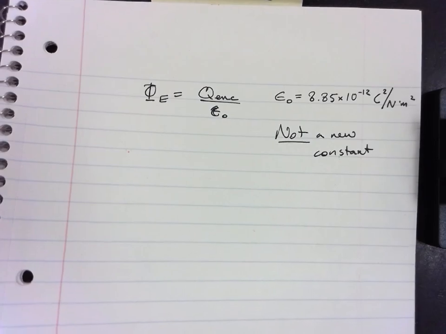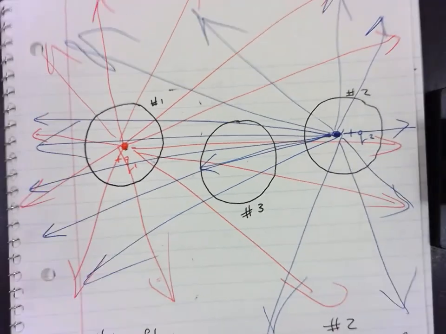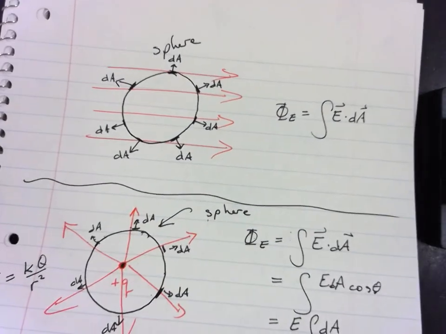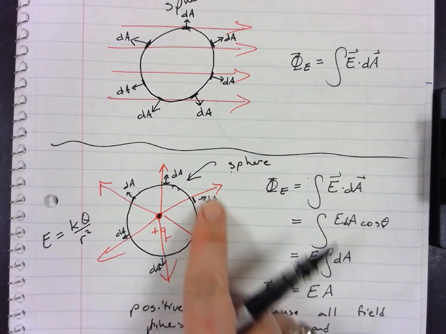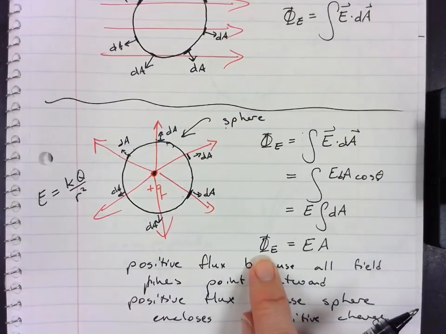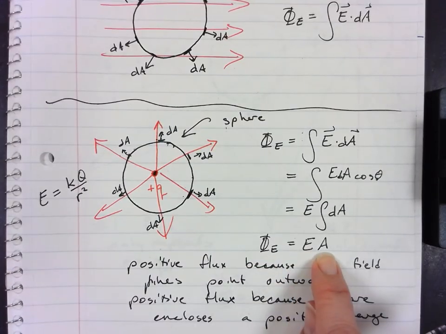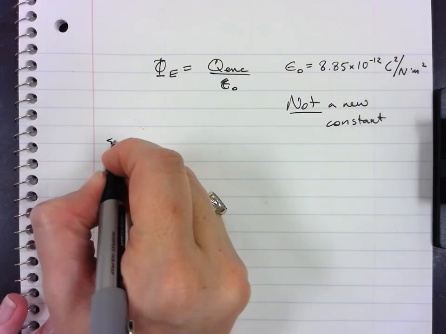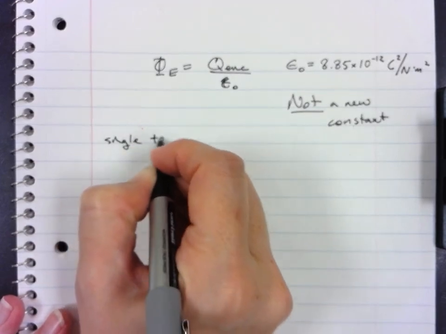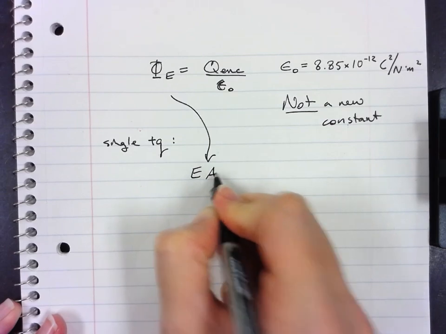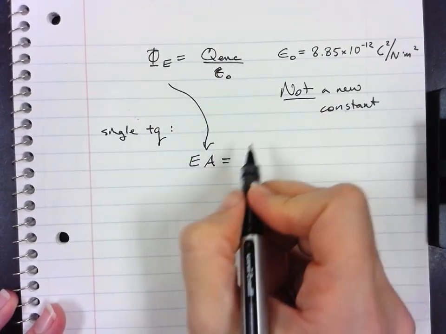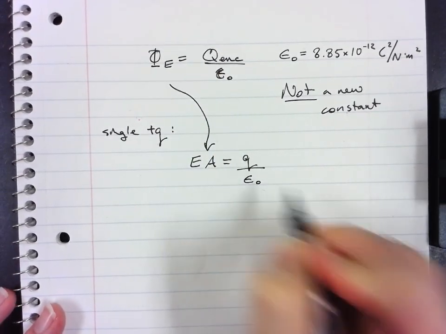If we go back to the single charge, 3 pages back, if we have a single charge enclosed, Q, in a sphere, we already figured out the flux is the electric field strength times the area. For a single positive Q, the flux is E times A, and that was just Q over epsilon naught.